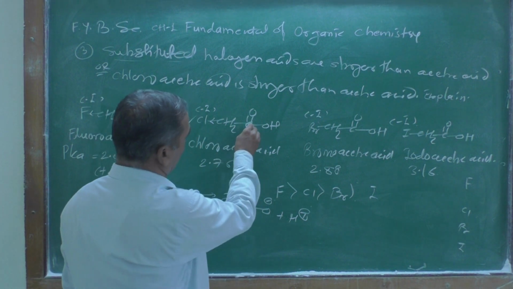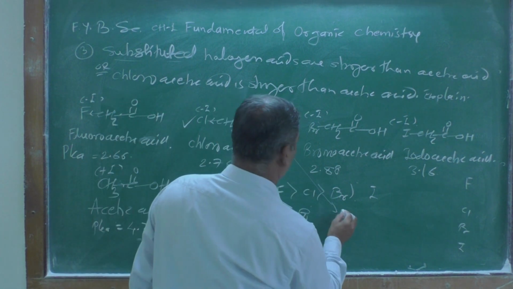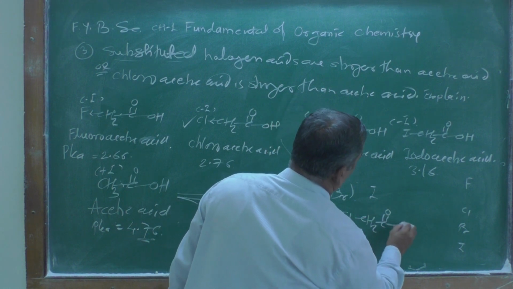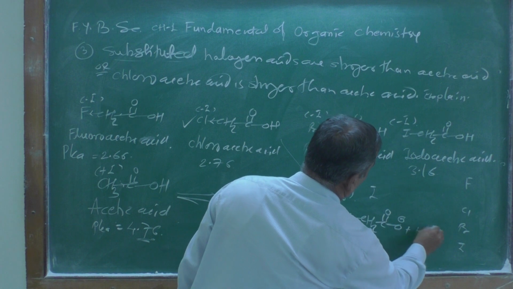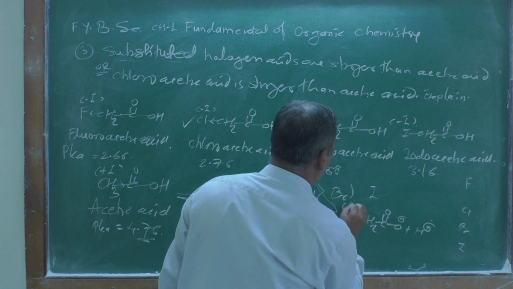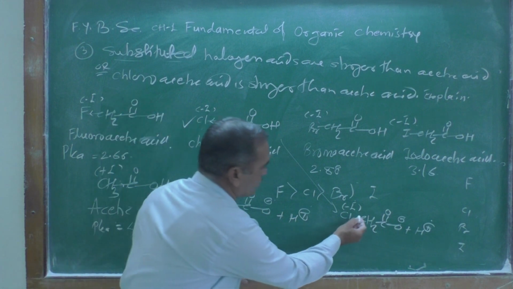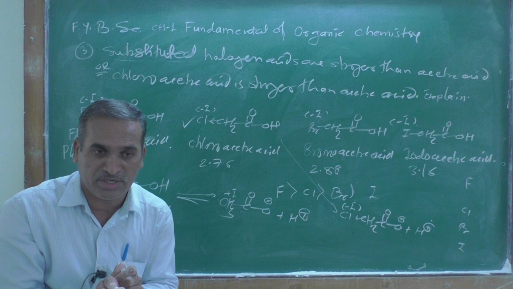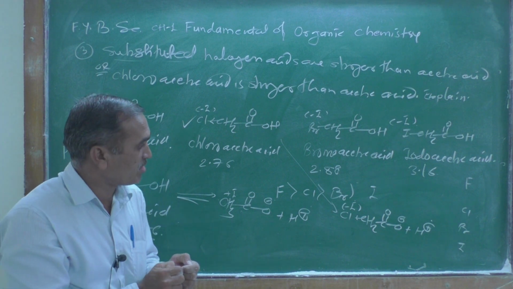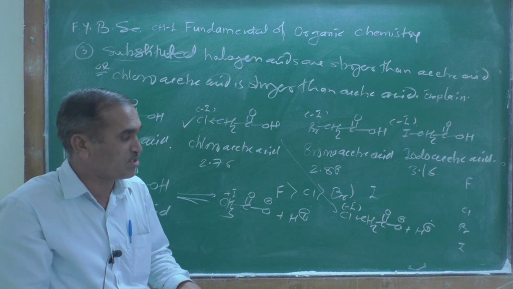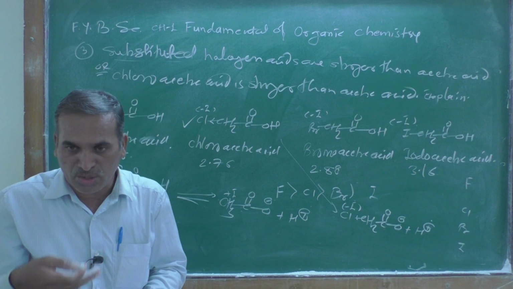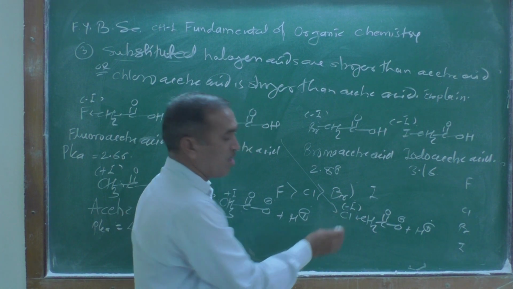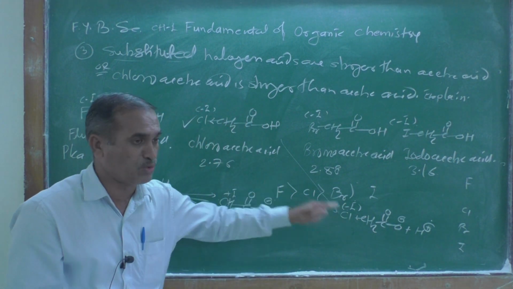In chloroacetic acid, after the dissociation, what do you get here? Cl, then CH2, C double bond O minus, and H plus. Here, due to the chlorine atom pulling the electron density from this carbon atom, it shows a minus I inductive effect. When it shows a minus I inductive effect, the acidity goes on increasing according to our general rule, and this minus I inductive effect will stabilize the conjugate base.